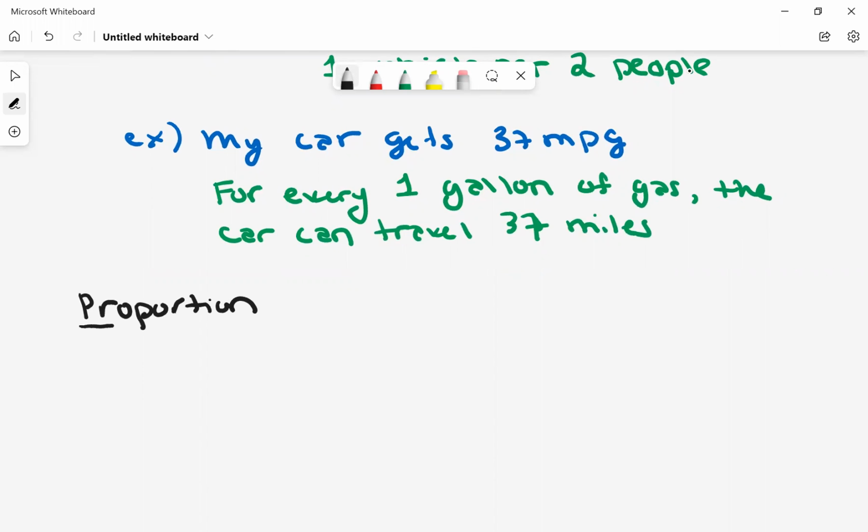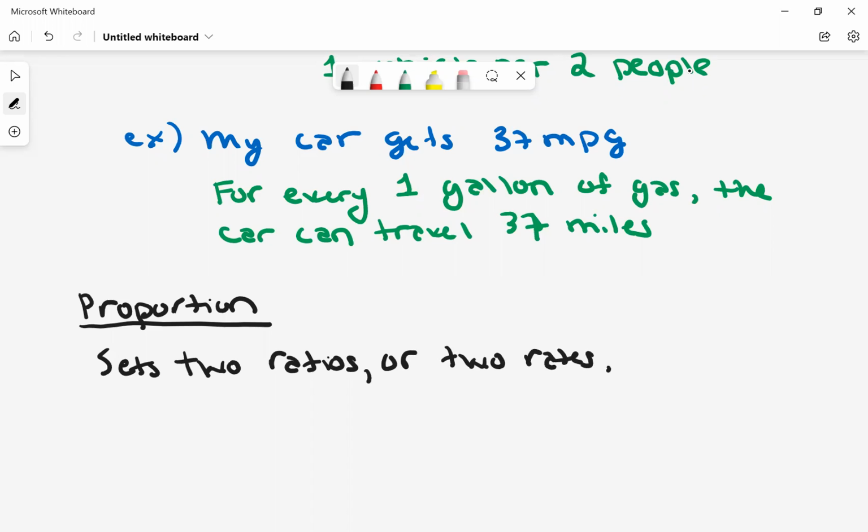Now, a proportion sets 2 ratios or 2 rates equal. So it means that we would have some sort of statement like this. And that is actually really useful information.